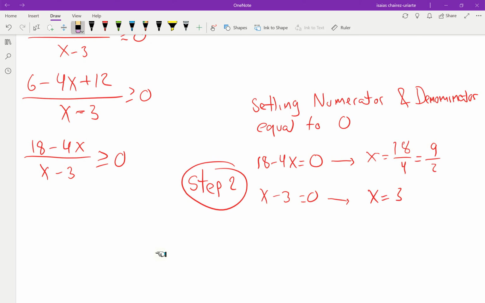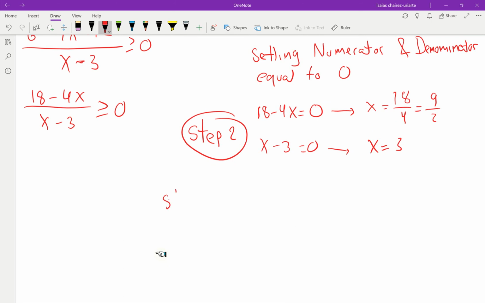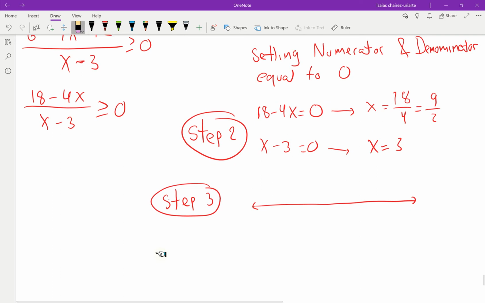Okay? So far so good. Now let me get into step 3. Step 3 says that I should plot these values that I found in step 2 on a number line. And that's going to create intervals for me. So I have 3. And by the way, whenever you set the denominator equal to 0, those values will never be part of your solution set.